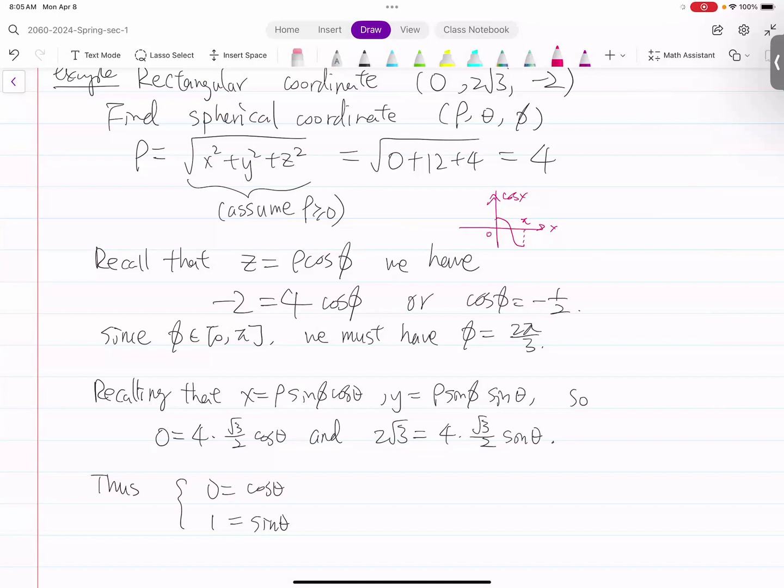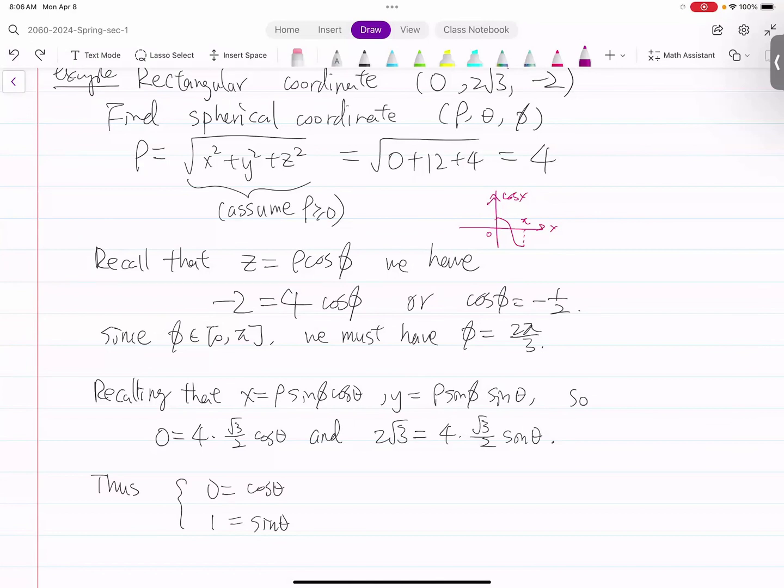So it's always a decreasing function on the entire interval. So as long as you get, let's say this is -1/2, then that tells you, okay, there's only one angle that's associated to it. Okay. And that's the way that we find the angle phi to be 2π/3.